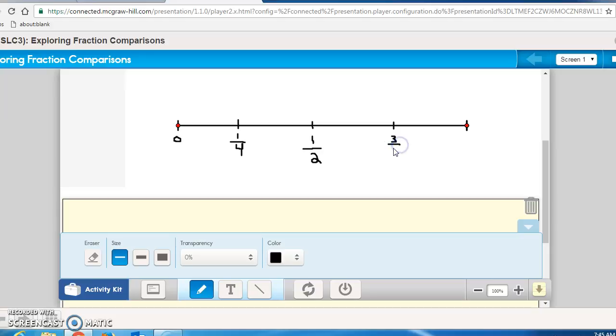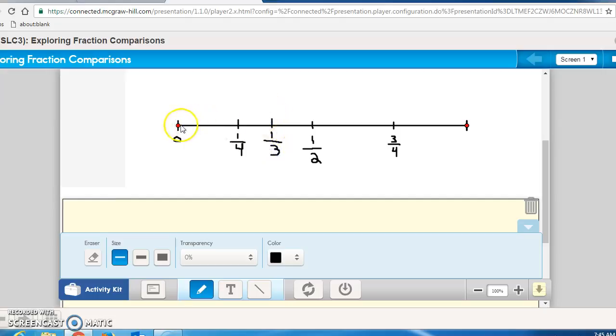But it's asking me to look at a third of the line. So they're saying instead of cutting it into 4 sections, they want you to just cut it into 3 sections. So a third would be more than a fourth, but less than a half.